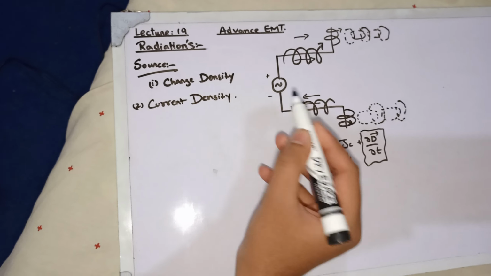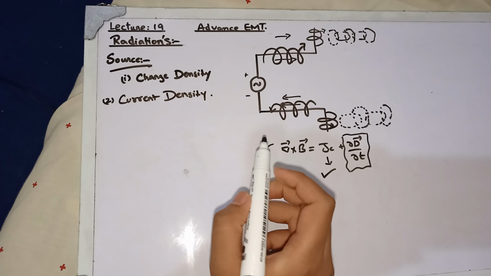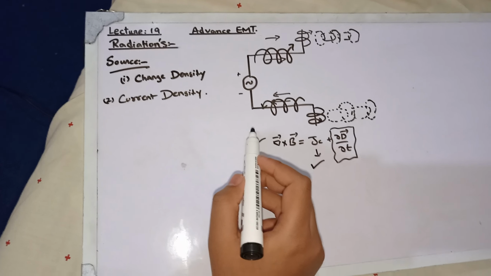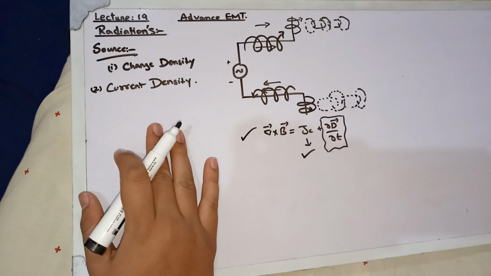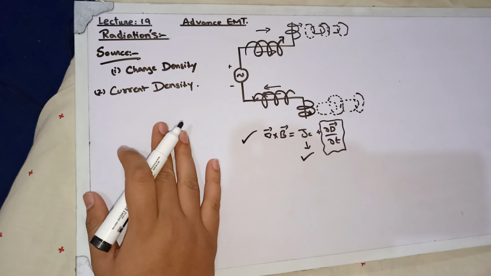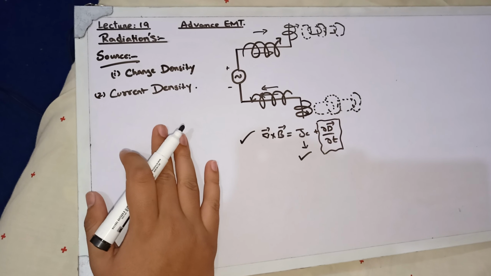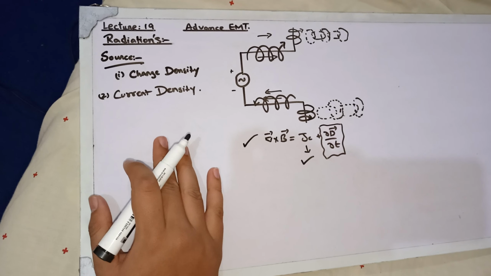In all previous lectures we took current density and charge density as 0, but in this chapter on radiation we are not taking them as 0. We are taking both the charge densities as well as the current densities. Understood? Okay, let's start.